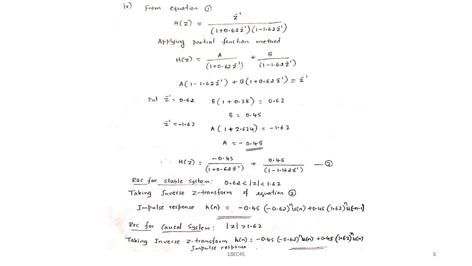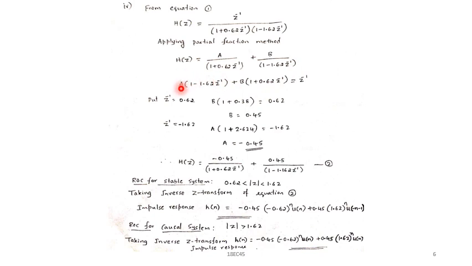Now to obtain the impulse response, I have to use the h of z equation. From equation 1, I can write h of z is equal to z inverse divided by 1 plus 0.62 z inverse into 1 minus 1.62 z inverse. Now by applying the partial fraction method, I can write h of z is equal to A divided by 1 plus 0.62 z inverse plus B divided by 1 minus 1.62 z inverse.